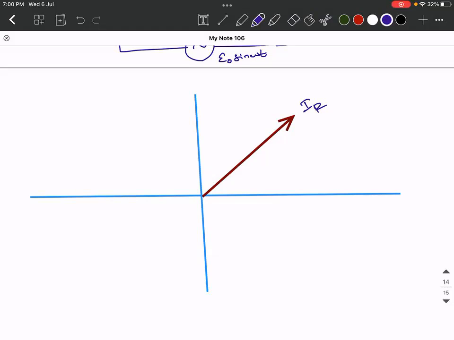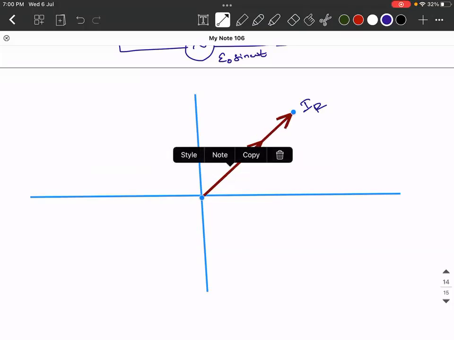So what is the first point I gave you? With respect to a resistor, EMF and current are in the same phase. When that is the scenario, I can say EMF is also in the same phase. Can I call this ER?